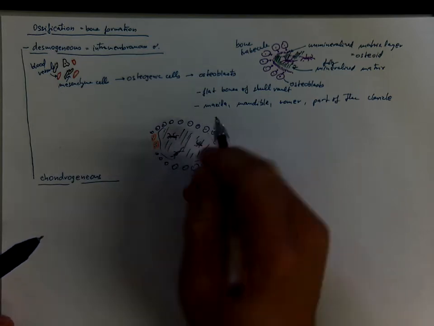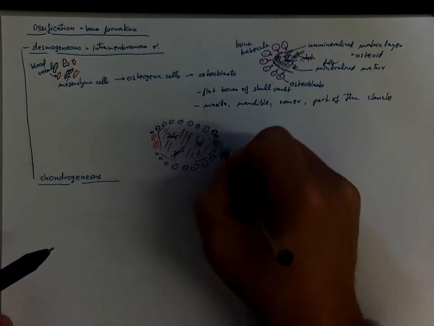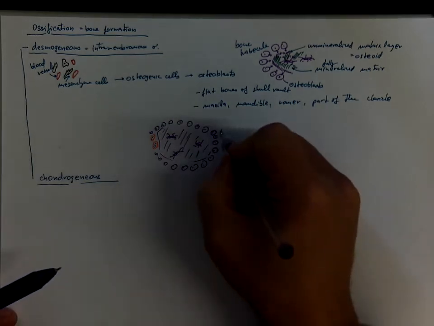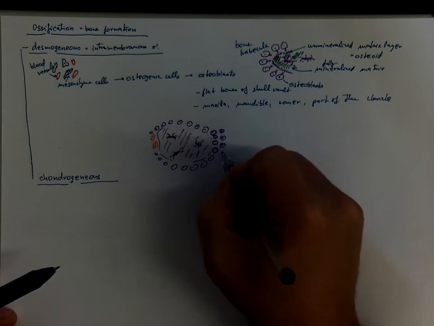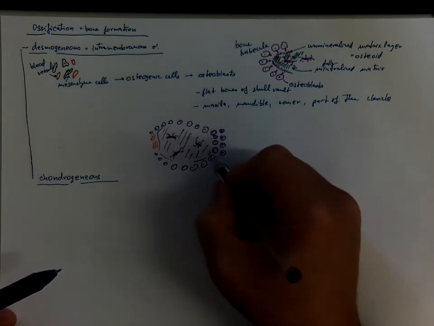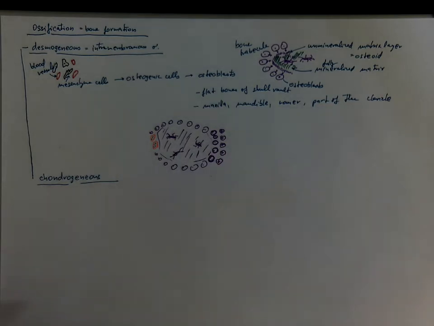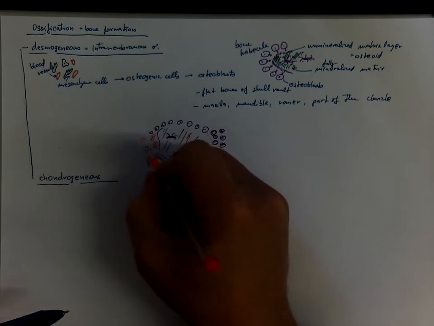Imagine what would happen, for example, if this part of the population of osteoblasts were activated. So their activity would be promoted by some signal pathways or hormones. And at the same time, the activity of these osteoclasts would also be promoted.